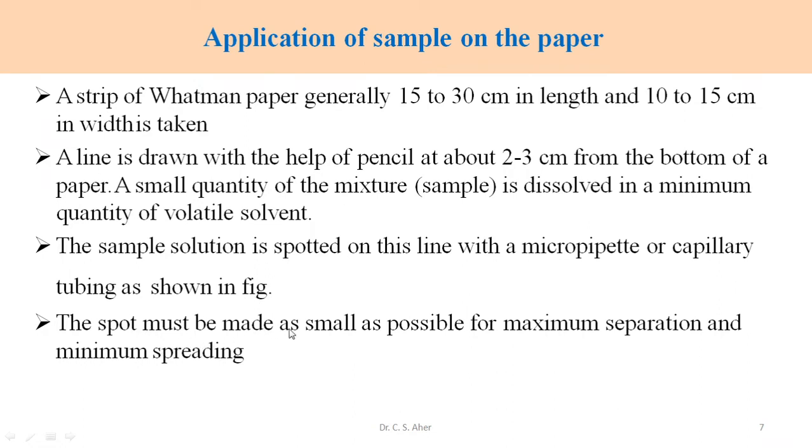The spot must be made as small as possible, very sharp and very small, for maximum separation and minimum spreading. The spot must not spread; it must be concentrated at one particular point only.